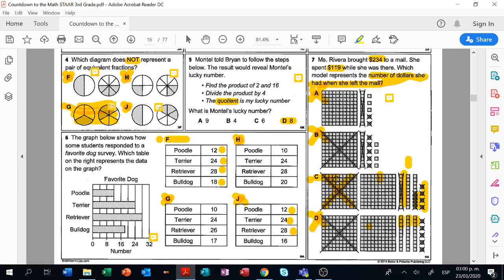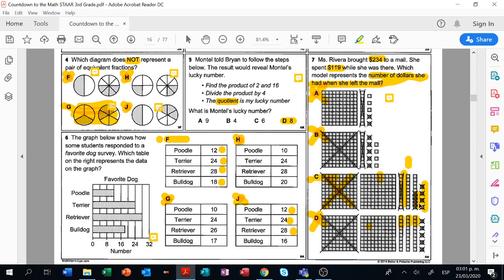And again, if it wasn't very clear, the explanation, let me just recap. We are trying to find an option that shows us these numbers. In total, there should be 234. This one is correct. There should be 119 crossed out.